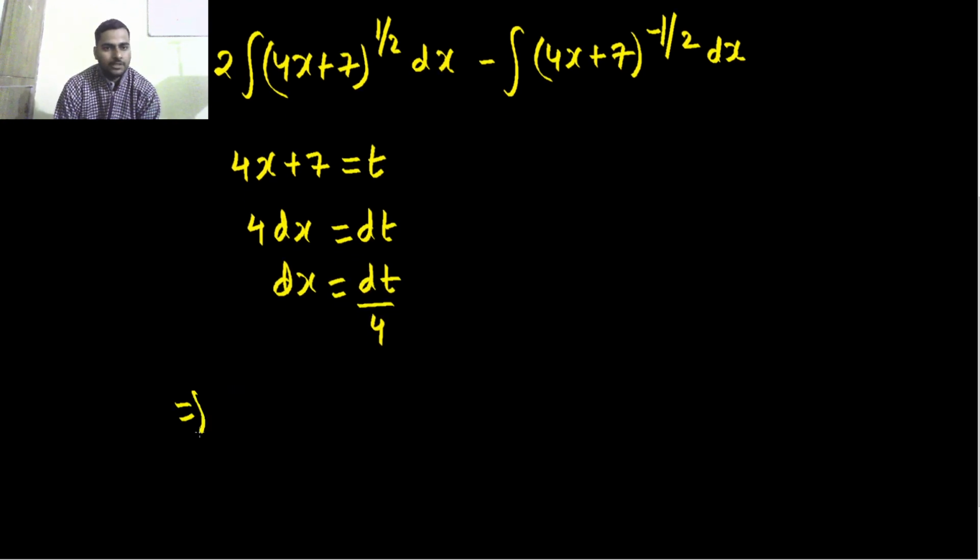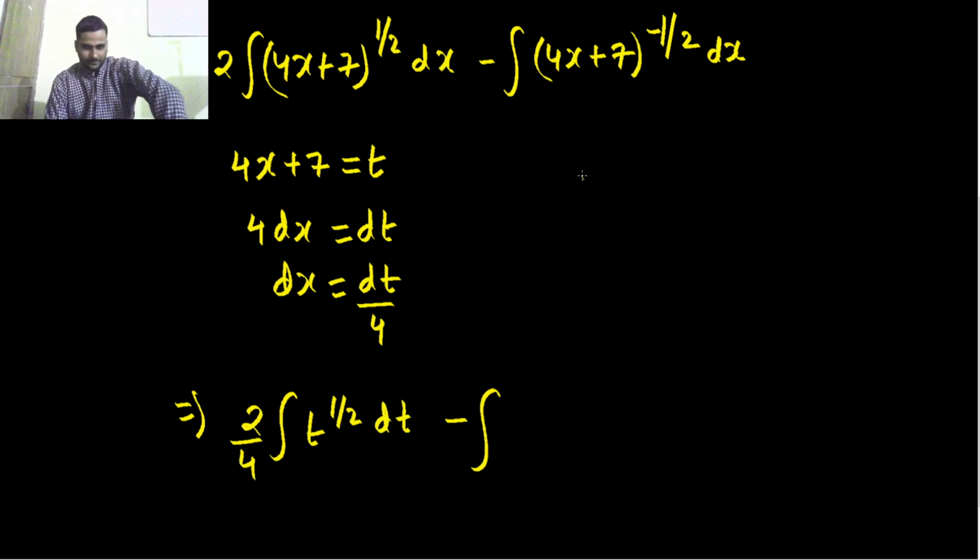So you have got 2, in place of 4x plus 7 write t power half, in place of dx write dt by 4. Same substitution for this also, 4x plus 7 as t, so t power minus half and dt by 4.